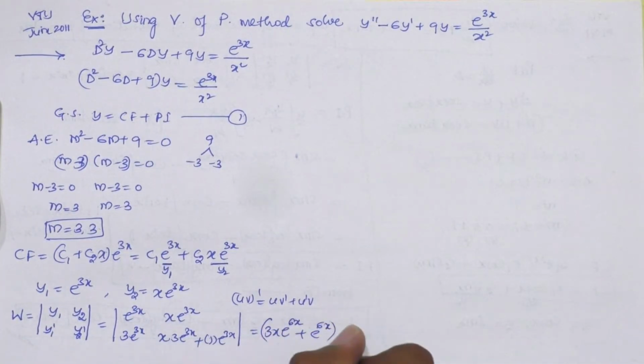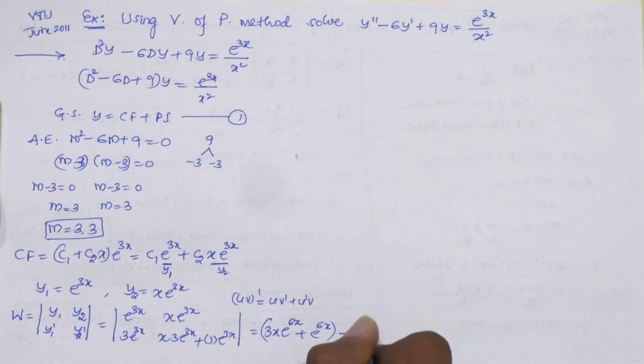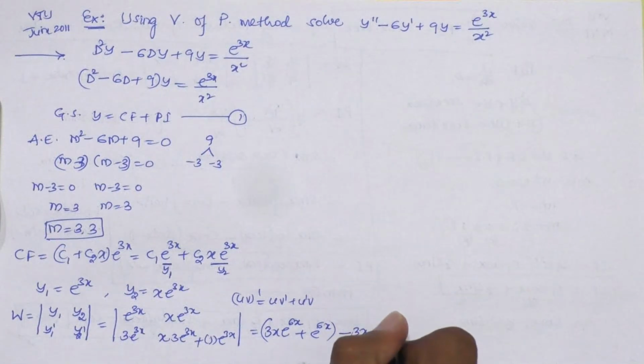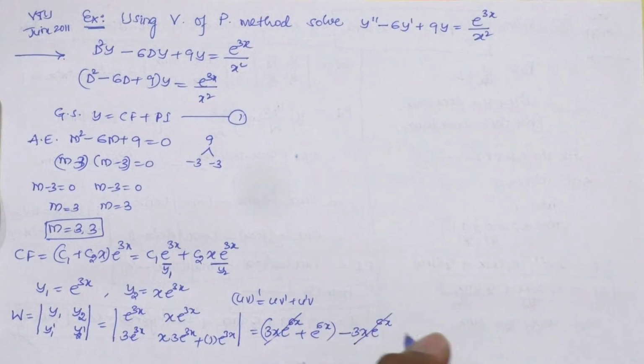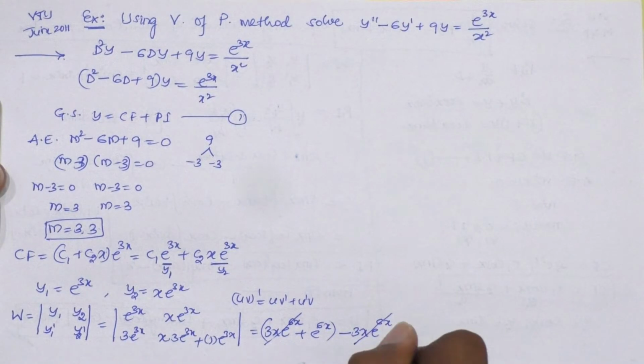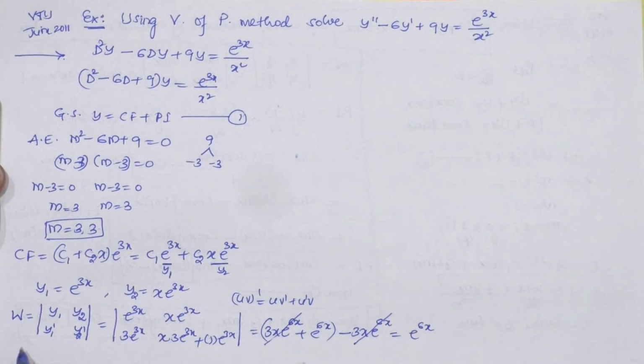This is the product of the principal diagonal. Now the secondary diagonal, minus 3x e raised to 6x. Here 3x e raised to 6x minus 3x e raised to 6x cancels, so you are left with e raised to 6x. This is the W value, e raised to 6x.